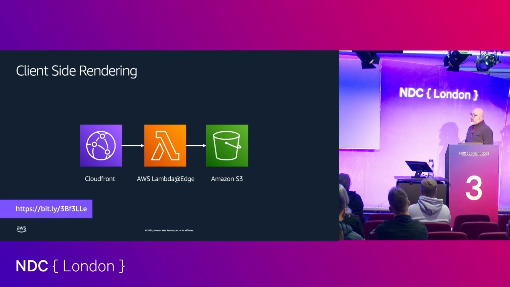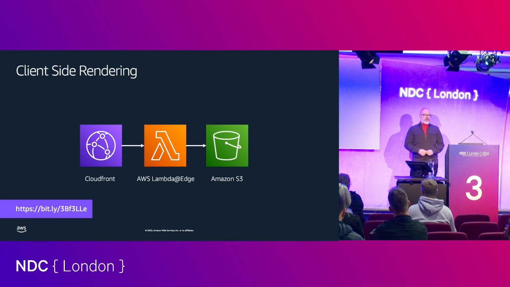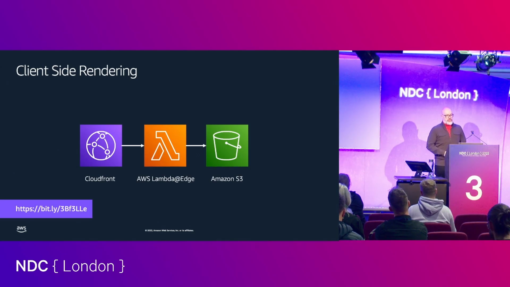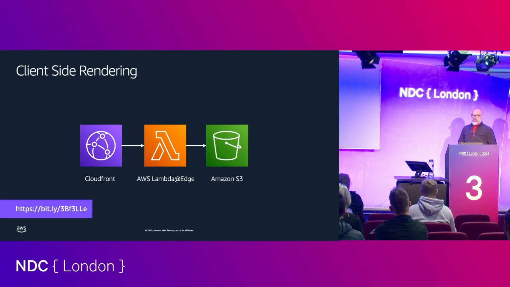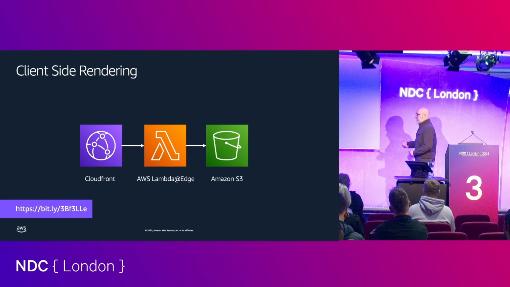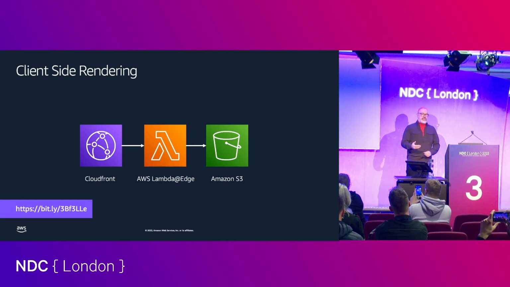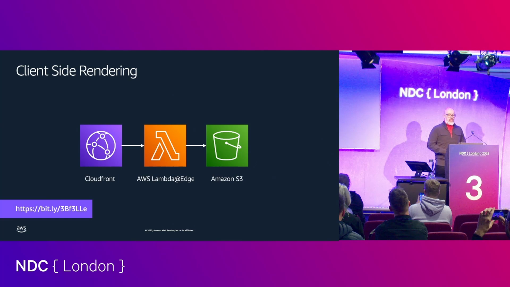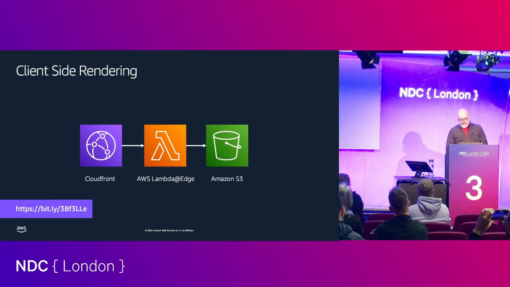If you want to know more, I have a video from when I didn't work for AWS, when I was VP of architecture for a company called DAZN, a live sports streaming platform. There you can see how we migrated our monolith to micro-frontends and how we used Lambda at the edge for canary release and blue-green deployment.